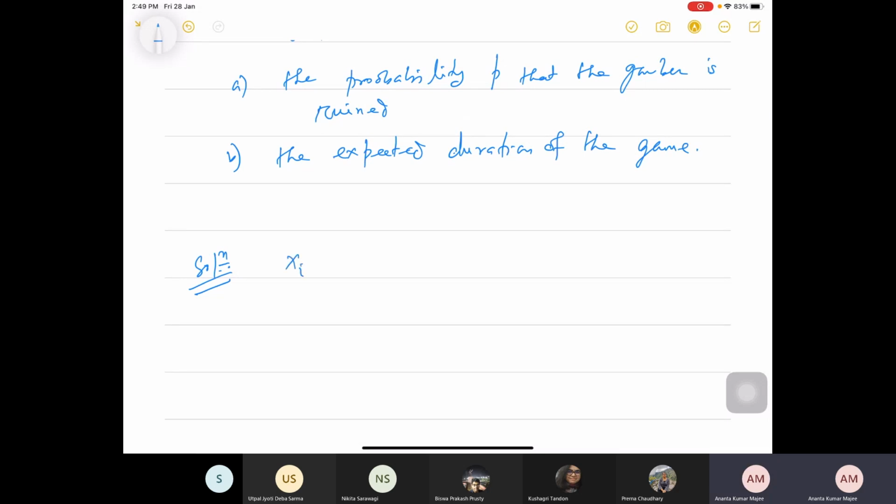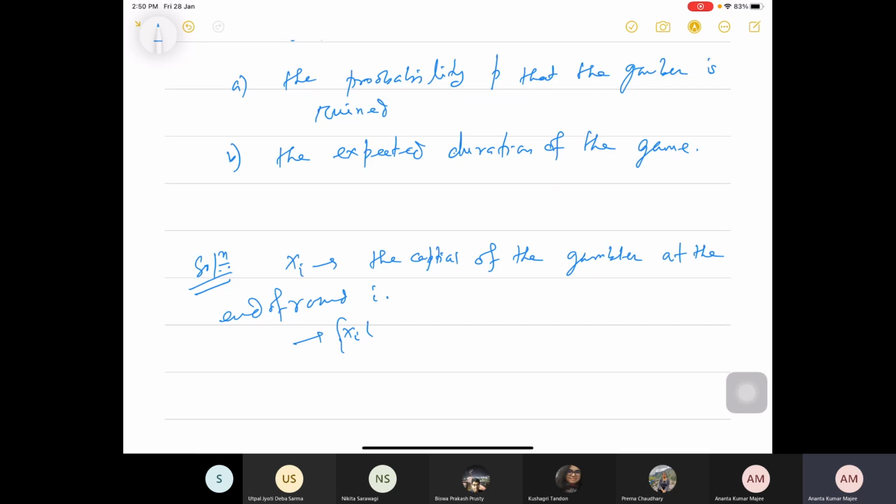So Xi is the capital of the gambler at the end of round i. You check that Xi is a martingale.